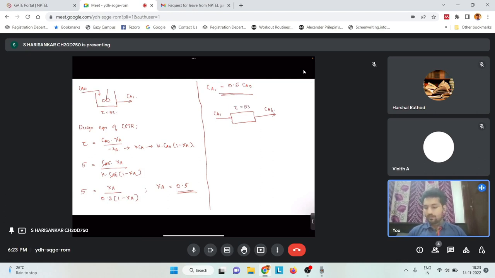So here also we can apply the design equation. So the design equation will be tau is equal to integral of Ca0 to Ca, minus dCA by minus Ra. So this will be the design equation for PFR. So again, tau is 5 seconds.